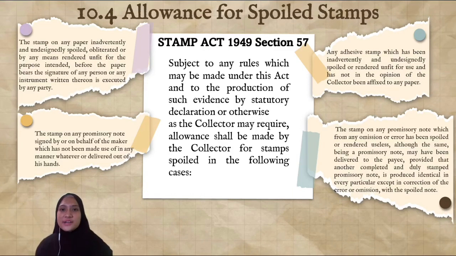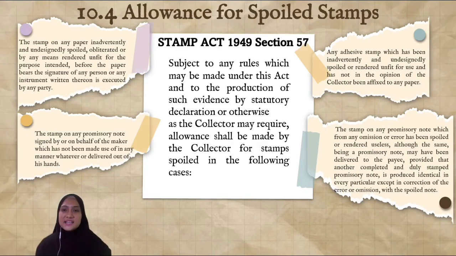Secondly, the stamp on any promissory note signed by or on behalf of the maker has not been used or delivered out of his hand in any way. Next, any adhesive stamp which has been inadvertently and undesignedly spoiled or rendered unfit for use and has not, in the opinion of the collector, been affixed to any paper.